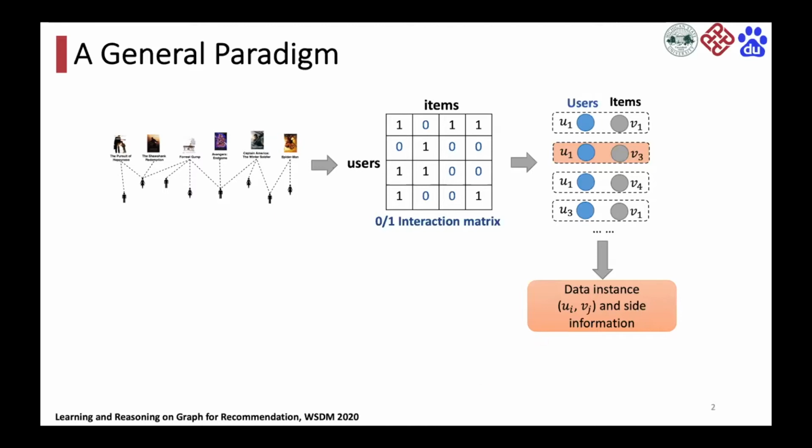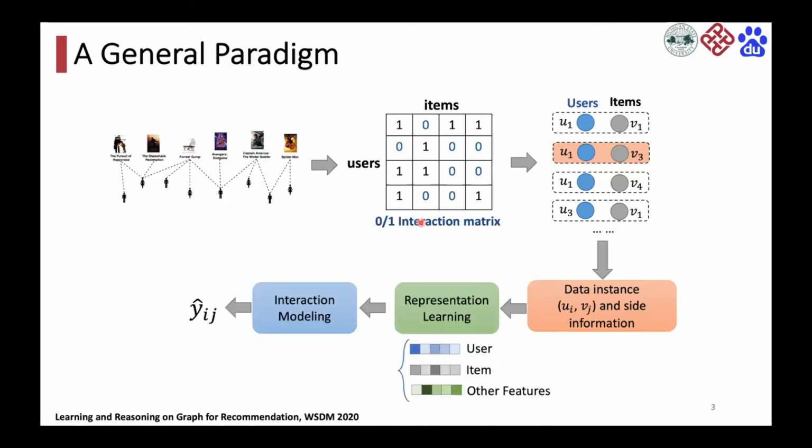And second, we feed this instance into a supervised learning model to perform the predictions, including representation learning and interaction modeling. Here, we normally use neural networks to achieve these two steps.